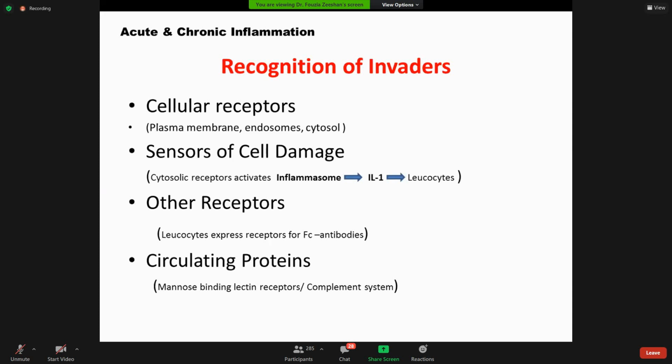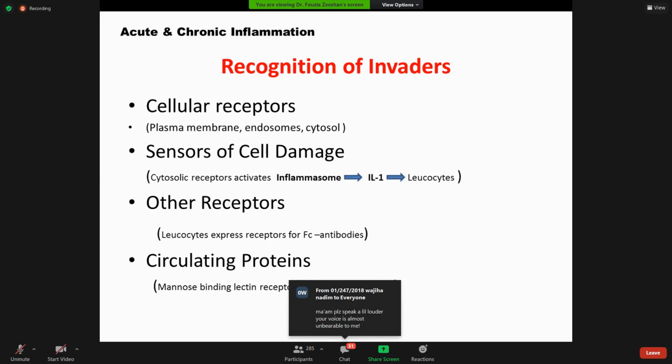All these are the sensors. When the body undergoes such changes, it means that something is going wrong with our body, so the inflammatory reactions are going to start.